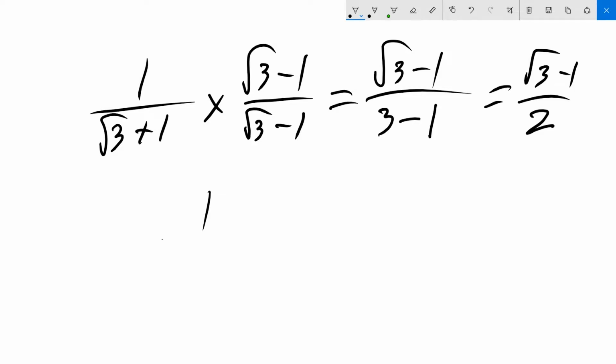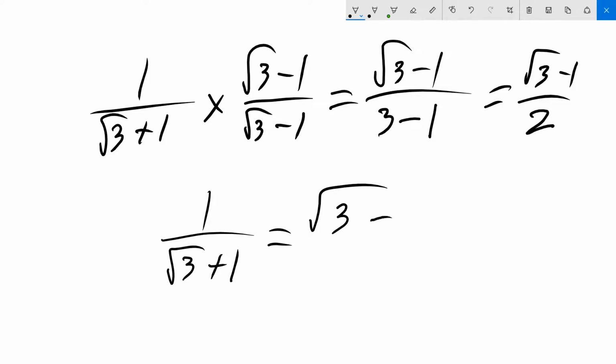Alright, again, we haven't actually done anything to the fraction other than rationalize it. These are still the same fraction, just expressed differently. We've just rationalized it.